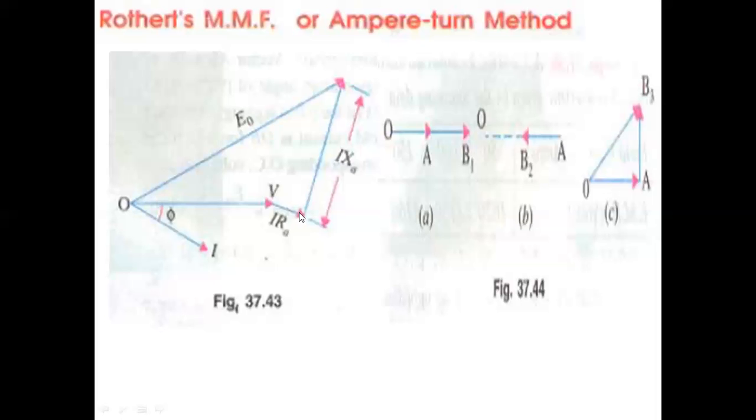Then the voltage becomes V plus I RA cos phi, and this is produced on no load. This can be found from the OCC test, open circuit characteristics test.